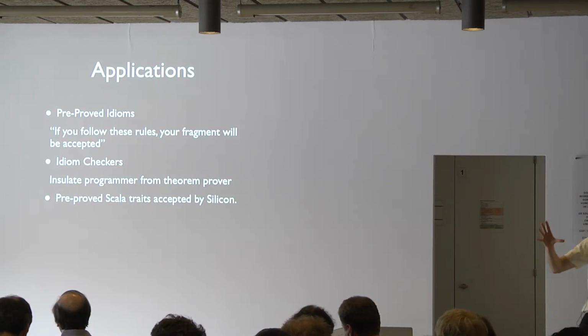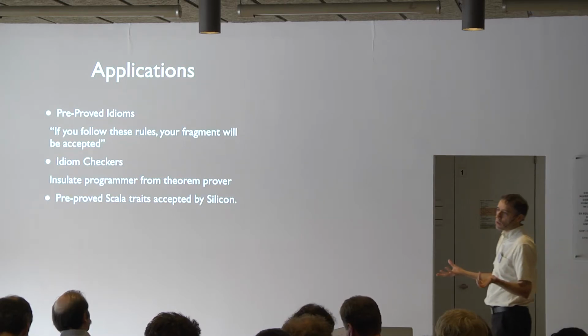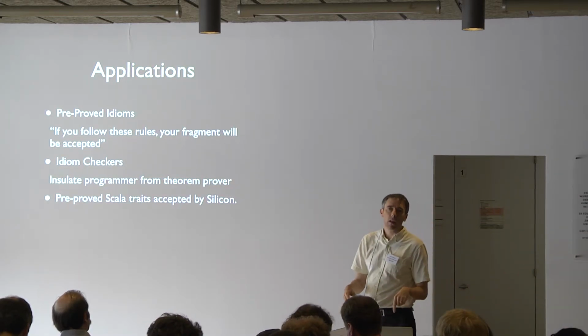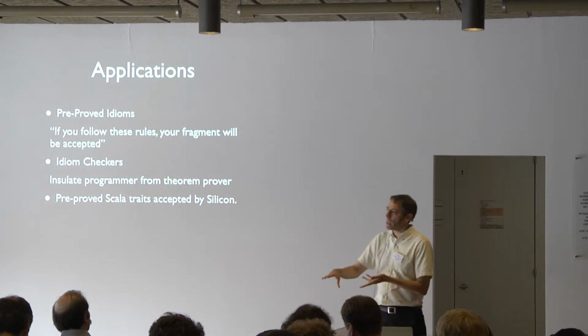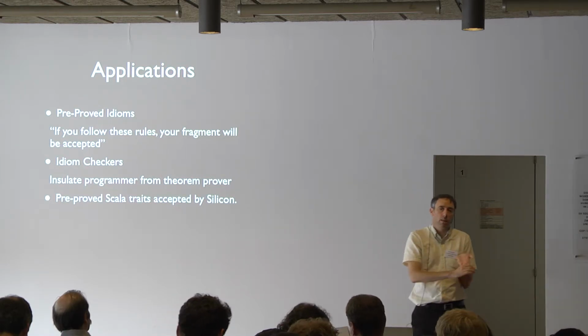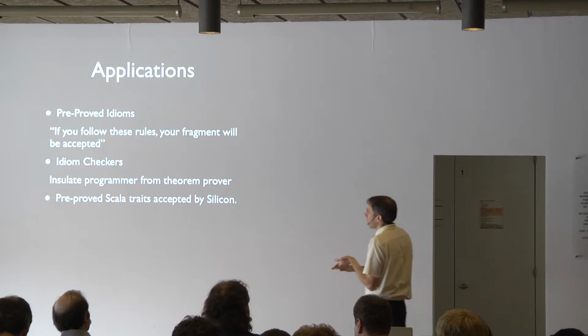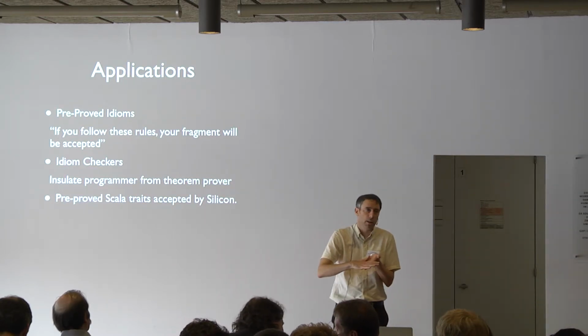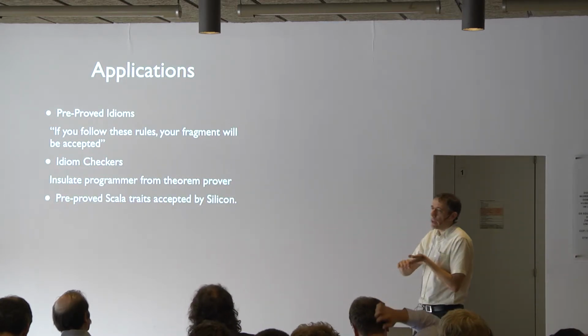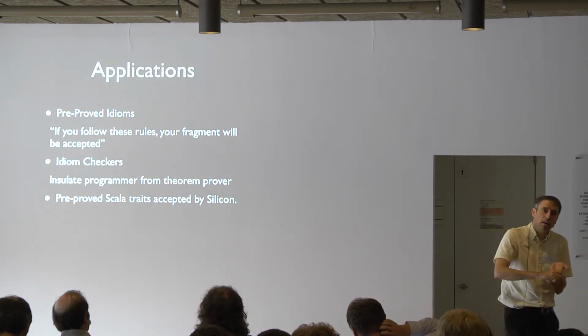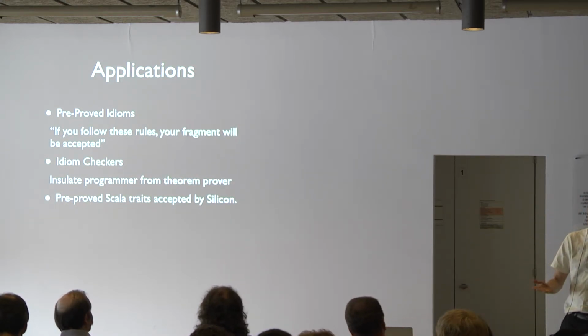If you can show ahead of time that the use of this trait will be sound at the lower level, then the programmer can use that knowing that they will not get errors at this low level. They'll only get Scala errors, and presumably if they're programming in Scala, they know Scala reasonably well. And also, there's a benefit in runtime, because you don't need to do the check that you know is always going to succeed.